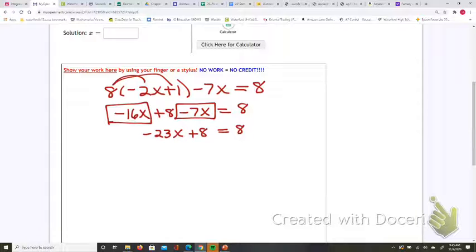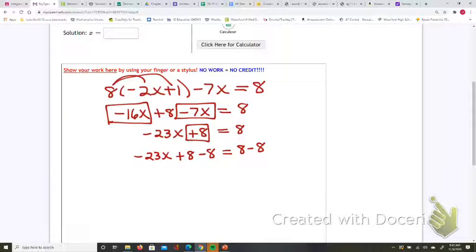Now we're ready to solve. We find our x and then we find either the plus or the minus. In this case, we have a plus. We have to undo the addition. The inverse of addition is subtraction. So we do negative 23x plus 8 minus 8 equals 8 minus 8.